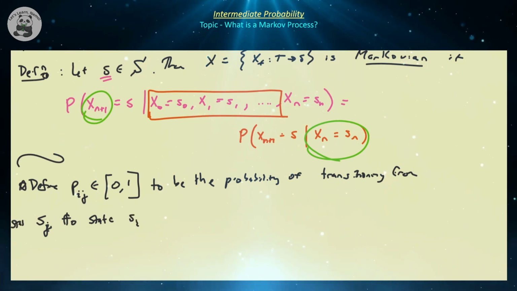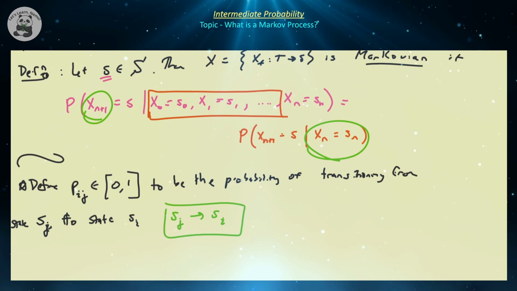So state s_j is where we're coming from, and state s_i is where we're going. That is, we're going from s_j to s_i.